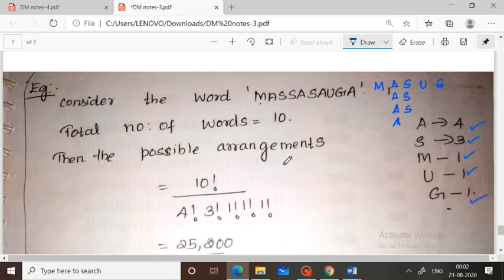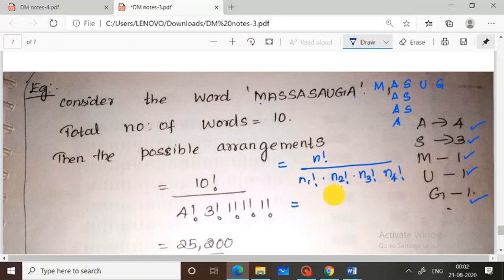The formula for the number of possible arrangements is n factorial divided by n1 factorial into n2 factorial into n3 factorial into n4 factorial.